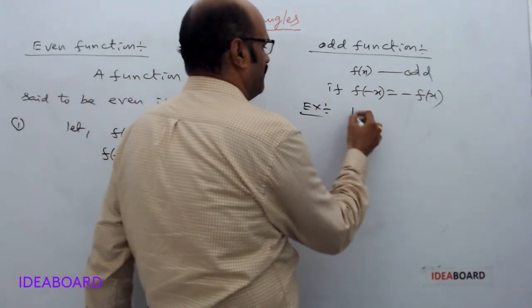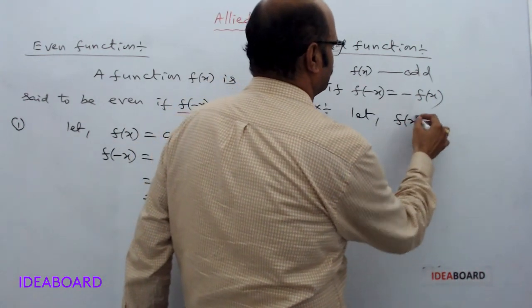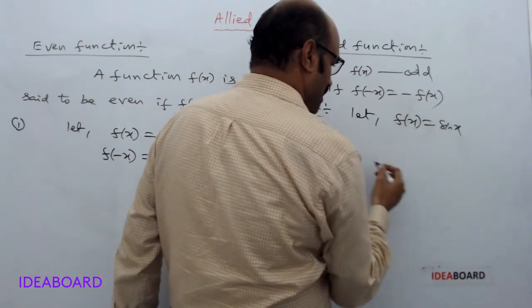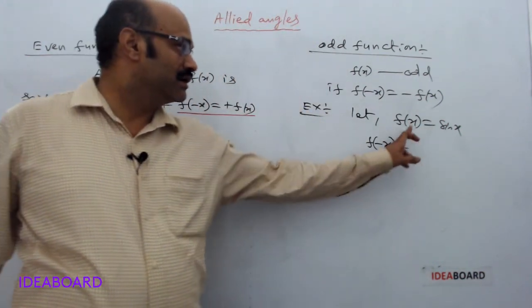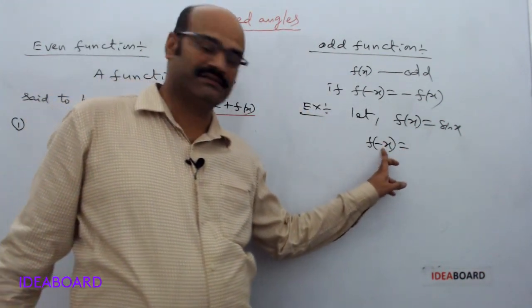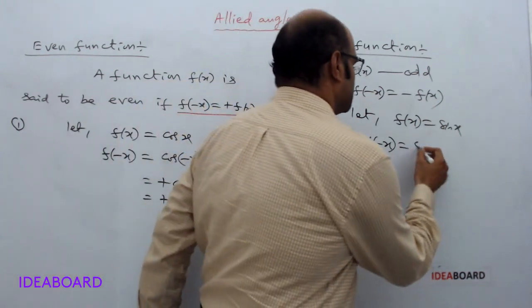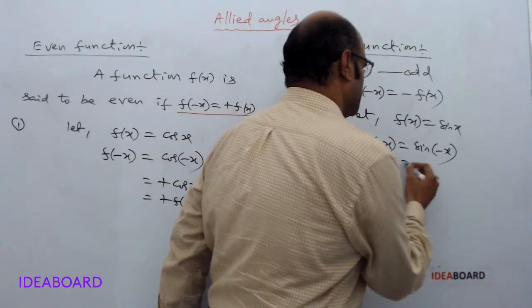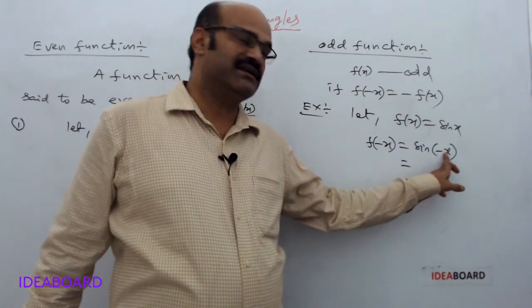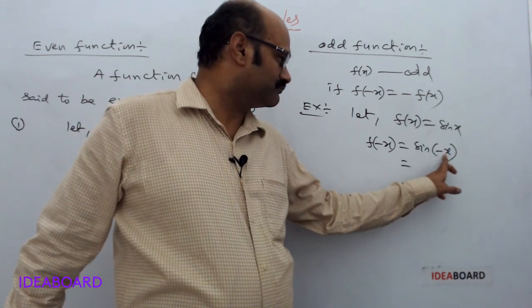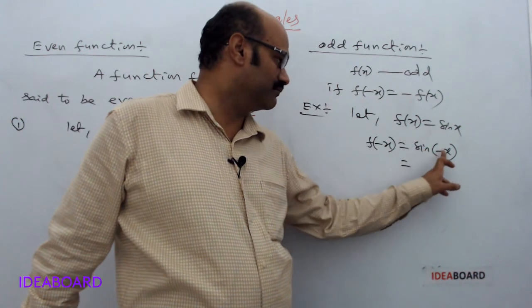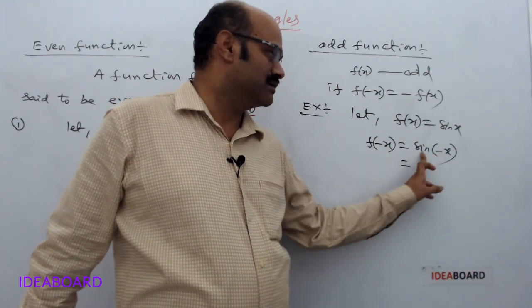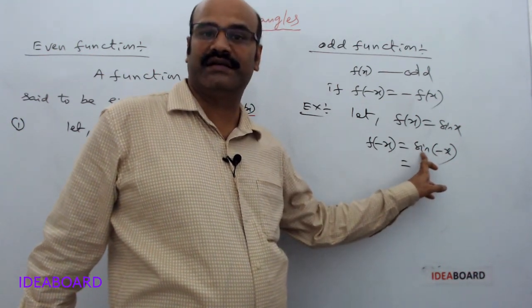Example, let f of x equal to sin x. Now f of minus x equal to, replace x by minus x, then we have sin of minus x. Minus x is in the fourth quadrant. In the fourth quadrant, only cos and secant are positive.